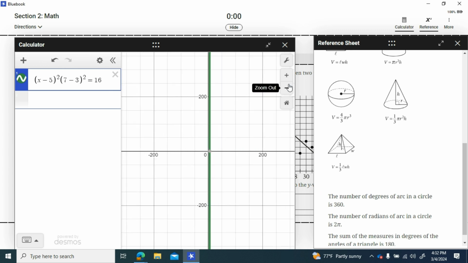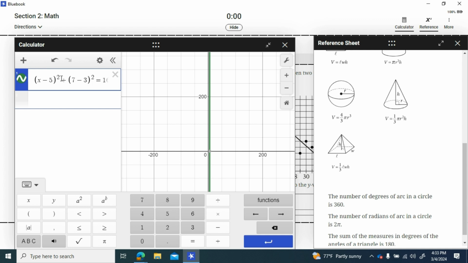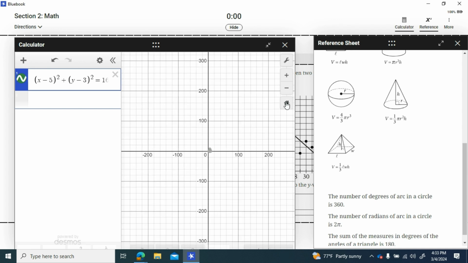My circle's not looking very circly. Oh, I forgot a plus sign. That's why. And that should be y minus 3. Mrs. Cameron's tired. Go back home.